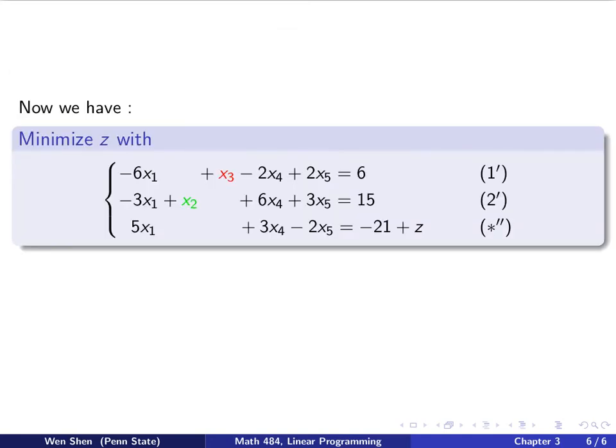Okay, after the step, now let's summarize what problem we have. Let's write it out. Okay, so now we have the following problem. We want to minimize z with the following. So we write it in this form. So pay attention. This way of writing will be rather standard from now on.